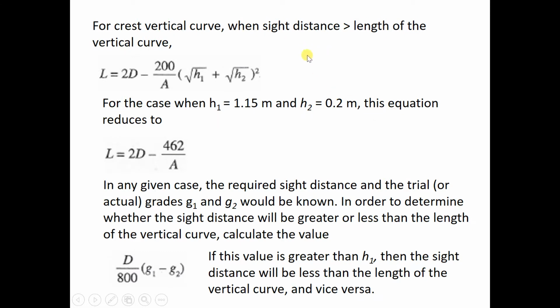When the stopping sight distance is longer than the length of the vertical curve, that means the vertical curve is quite short.